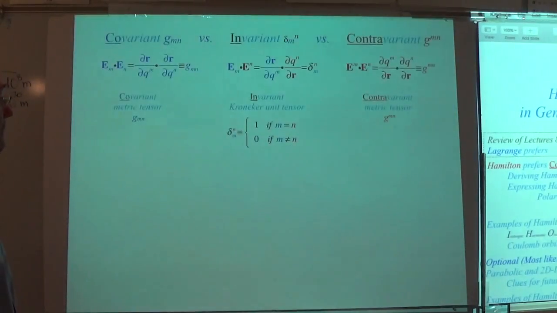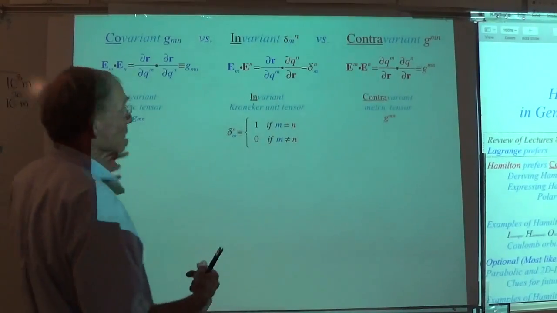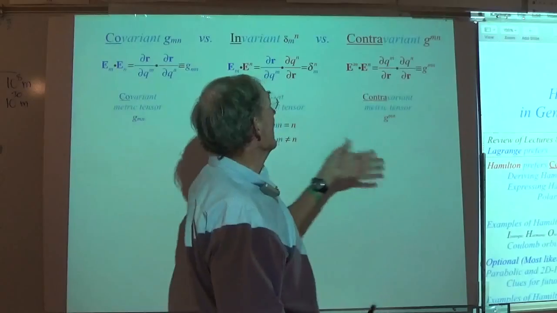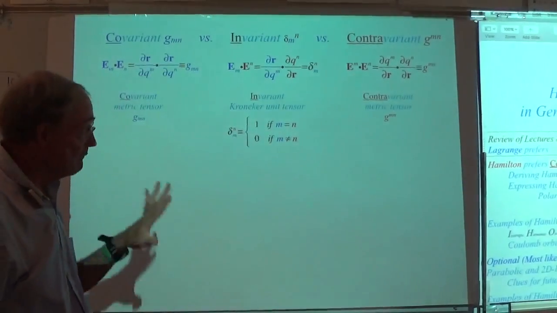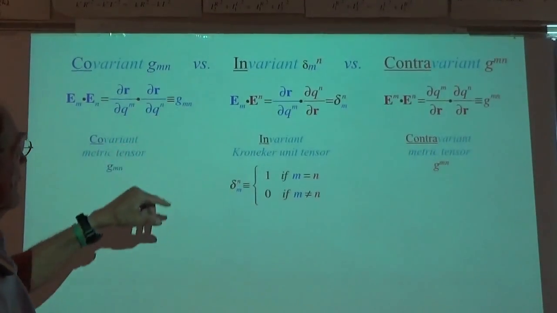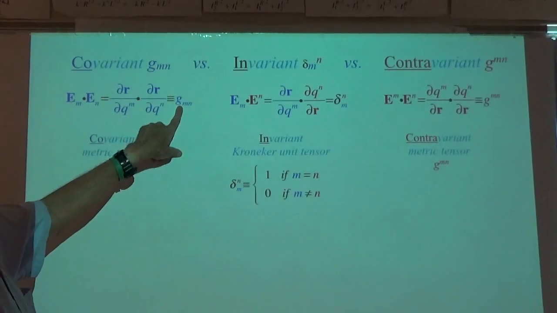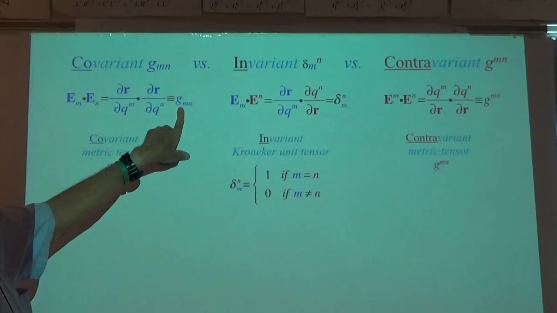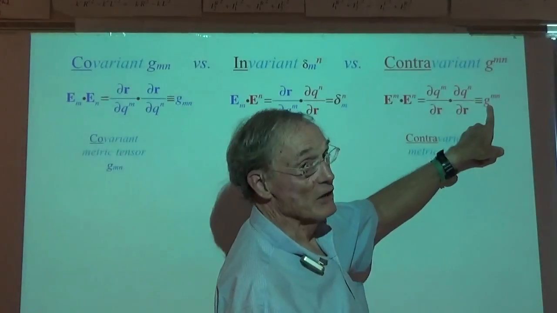Okay, so let's just go through this because basically what's going to come down to is we're going to have Lagrangian, Hamiltonian, and a Strangian. Philosophy, right? This one giving us what we're going to be calling the covariant metric coefficient or metric tensor. And this one, the contravariant metric tensor.